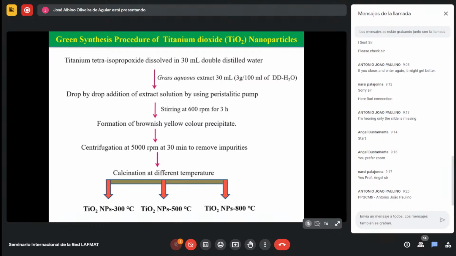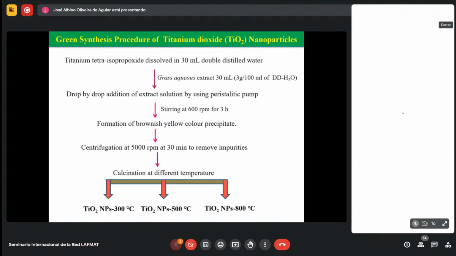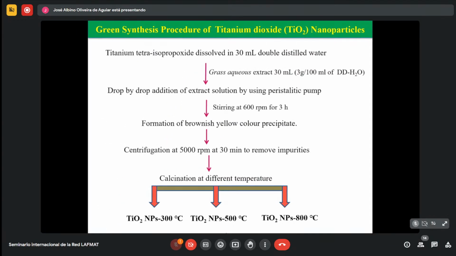That powder goes for analysis with different advanced analytical instruments: powder XRD, TEM analysis and BET analysis. With BET analysis, we measure the surface of the material. With TEM analysis, we identify the particle size, what the size of the material is.